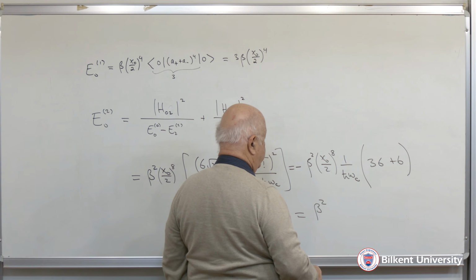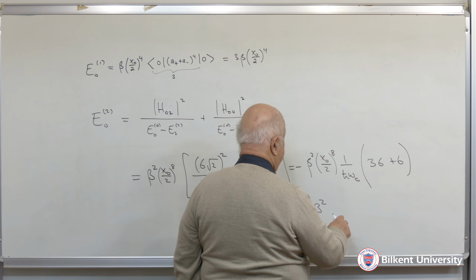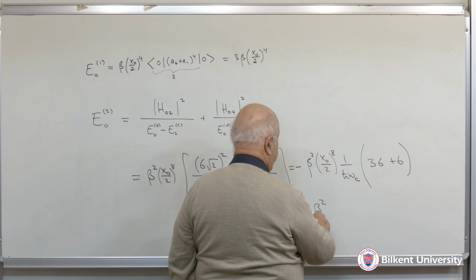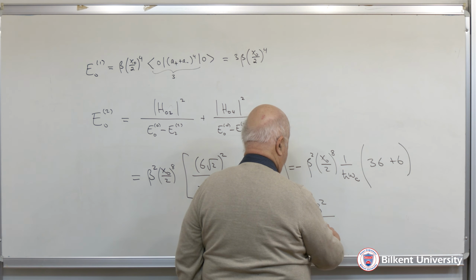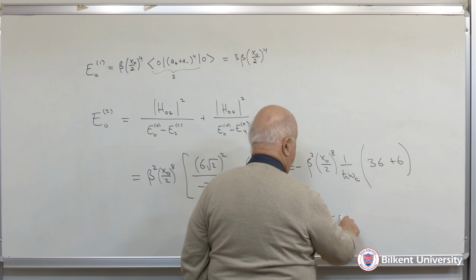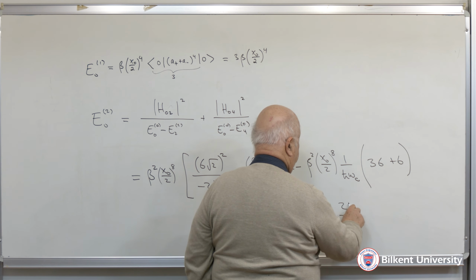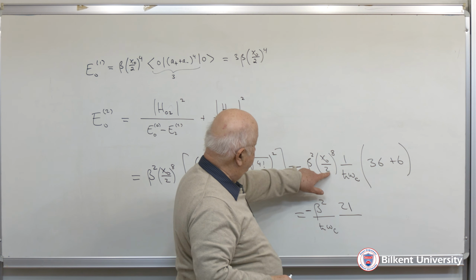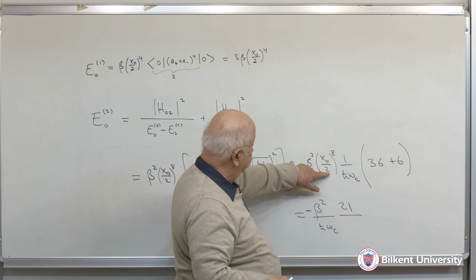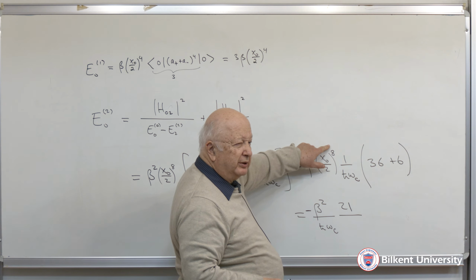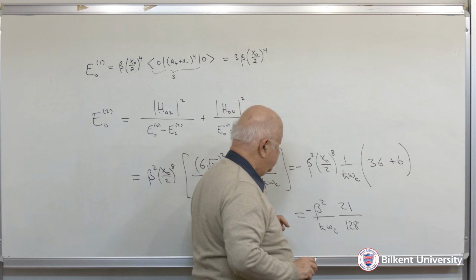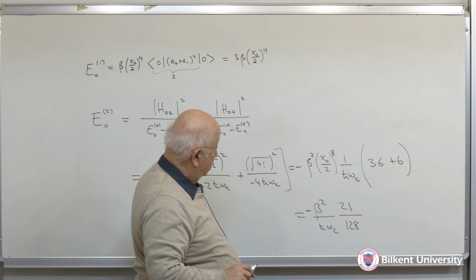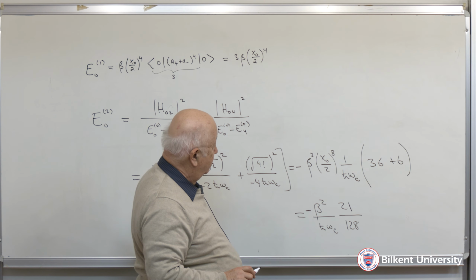So that's interesting because that says that this is going to be minus 1 over h bar omega c, 21 in the denominator if I just take one of these 2's away. So 2 to the 7 is what? 128. Okay. So that's what we have.